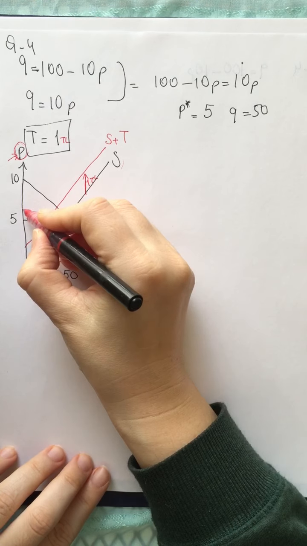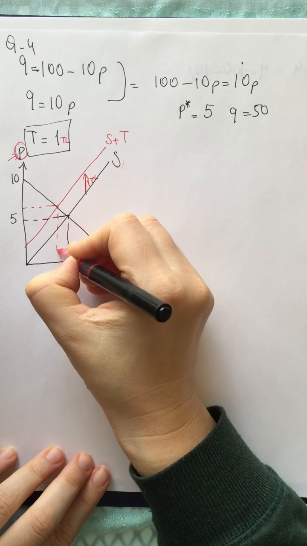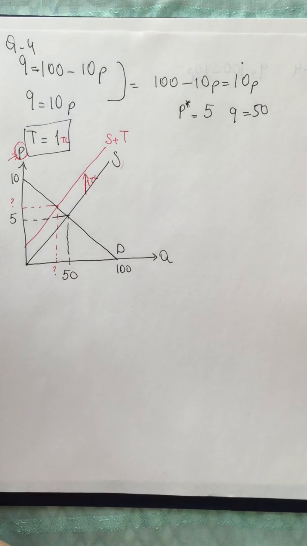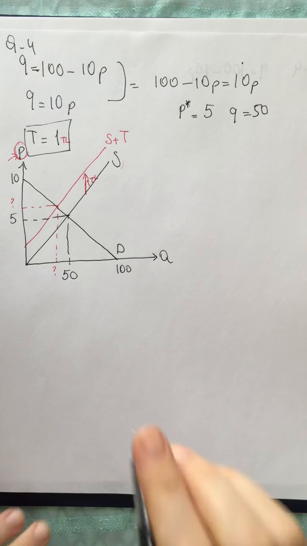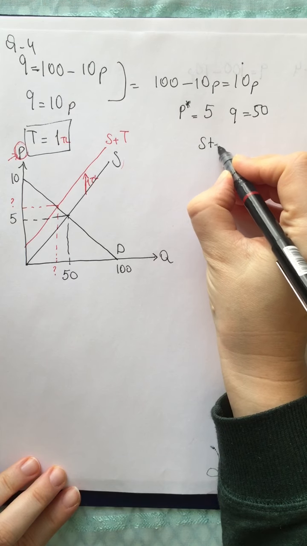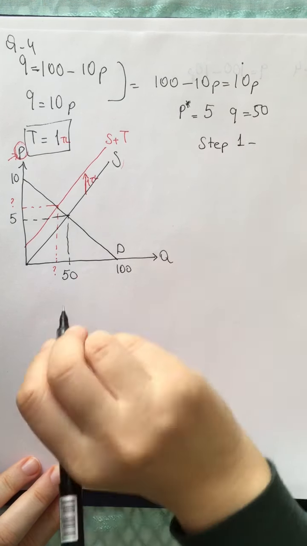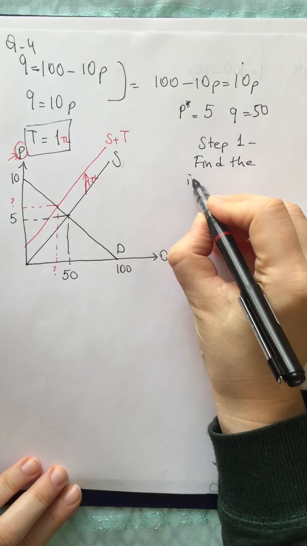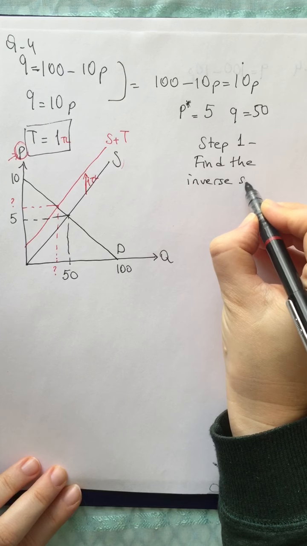And it is asked at question A, what is the equilibrium price and quantity with the tax? Now we will have a 3-step solution process for that kind of questions. In step one, find the inverse supply function.